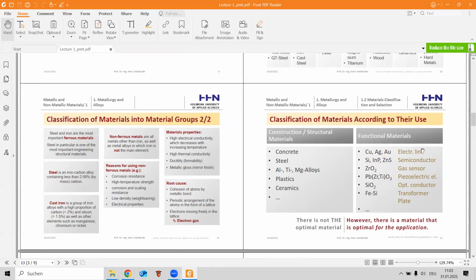And we have function material like copper, silver, gold, silicon, zinc, sulfur, silicon dioxide, and others. Applications include electrical lines, semiconductor, gas sensor, piezoelectric, optical conductor, transformer plate.